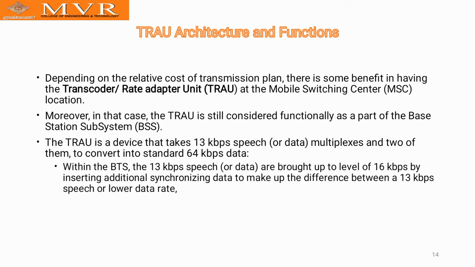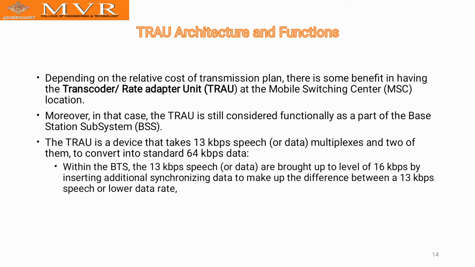The transcoder and rate adapter unit at the mobile switching center location depends on the relative cost of the transmission plan. There is some benefit of having the transcoder, and this transcoder rate adapter unit is still considered to function as a part of the base station subsystem.